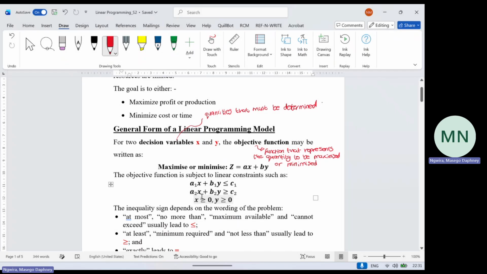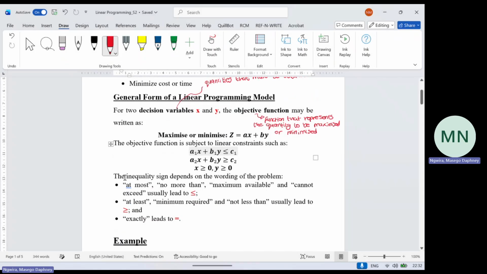And then these two, x greater than or equal to 0 and y greater than or equal to 0, are what we call non-negative constraints. The condition states that decision variables cannot be negative.